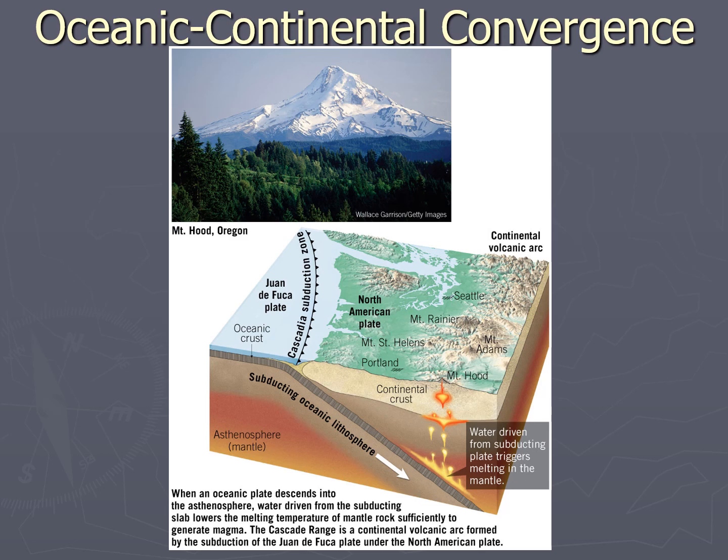That's going to fuel active volcanoes on the overriding plate, like Mount Hood, Mount Adams, Mount Rainier, Mount St. Helens, within the Cascades continental volcanic arc. And you're also going to thicken the crust. So you're forming mountains in general, and some of those peaks will be active volcanoes. And there at the top is a nice picture of Mount Hood, Oregon. Look how pointy it looks. That's a stratovolcano, the scary kind. We'll do volcanoes in our next unit after plate tectonics.